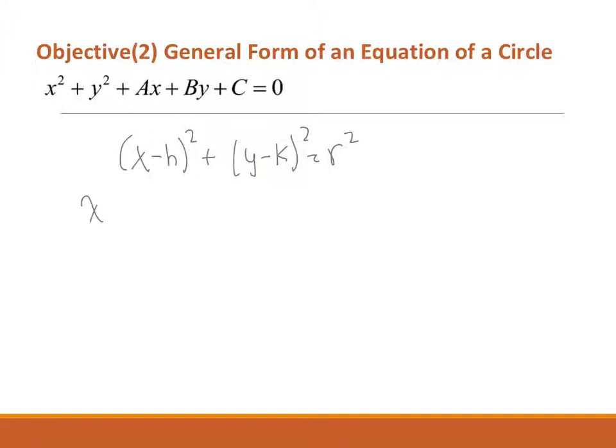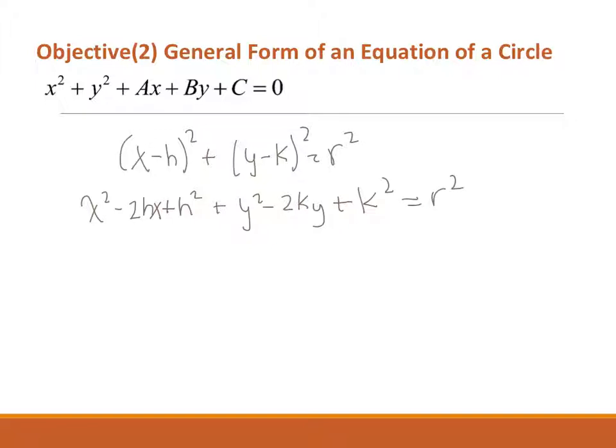We get x squared minus 2hx plus h squared plus y squared minus 2ky, plus k squared is equal to r squared.